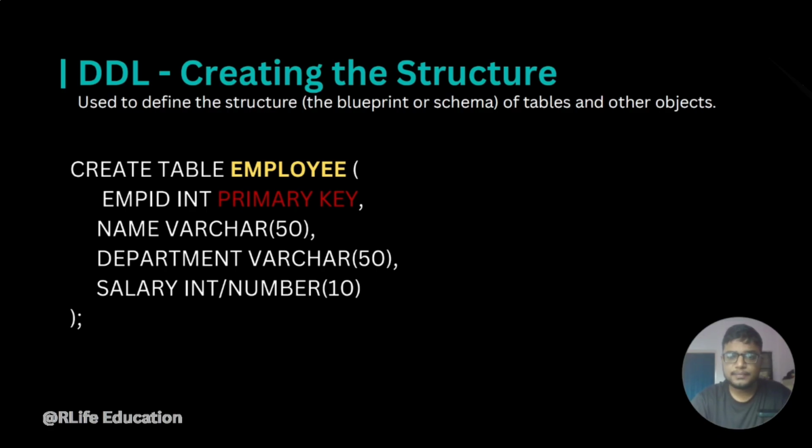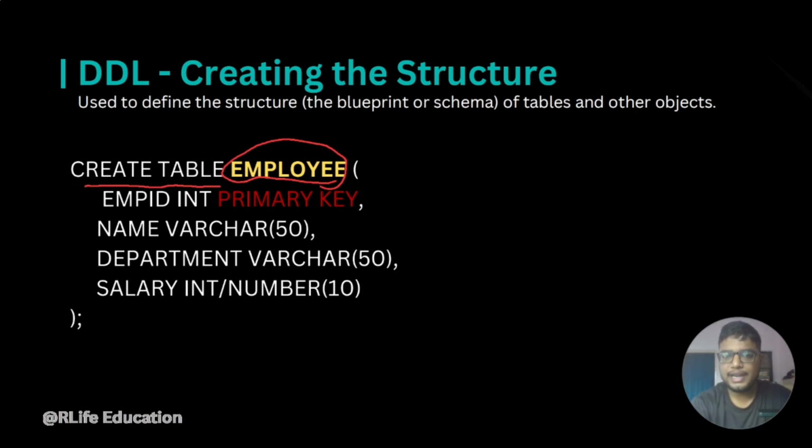Later on we are going to discuss this DDL statement briefly, but for now, here we are going to create one table. See here, create table. Whenever we have to create one table, we just have to write this create table, and then employee. Employee is the name of the table we are going to create. This is the structure.